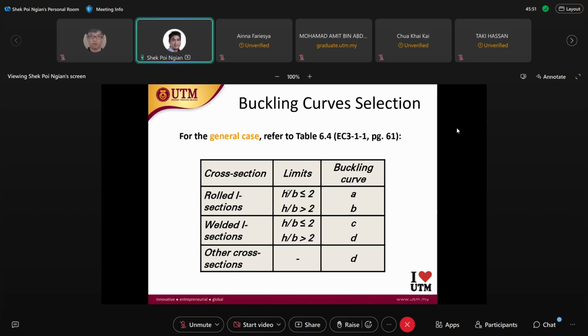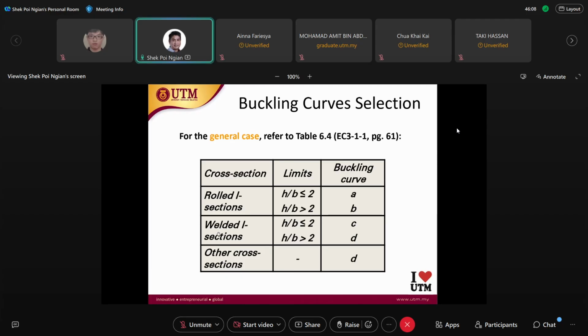So you divide H by B, you get the ratio. If your ratio is less than 2, you choose curve A. If more than 2, you choose curve B.